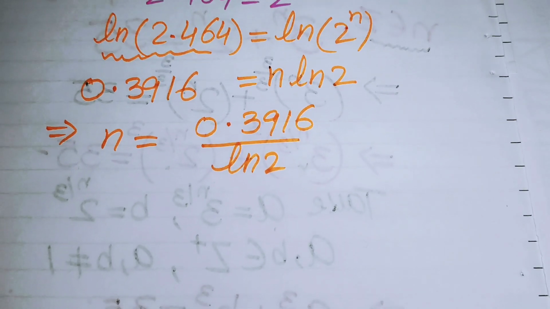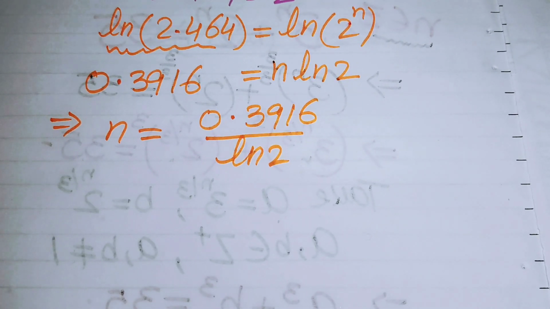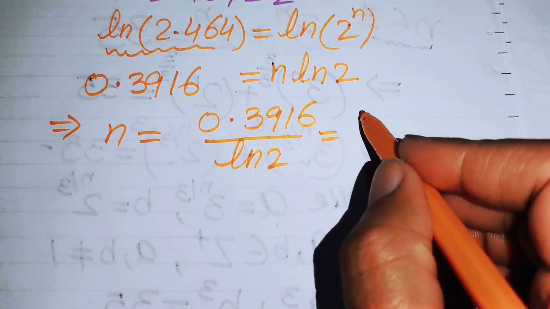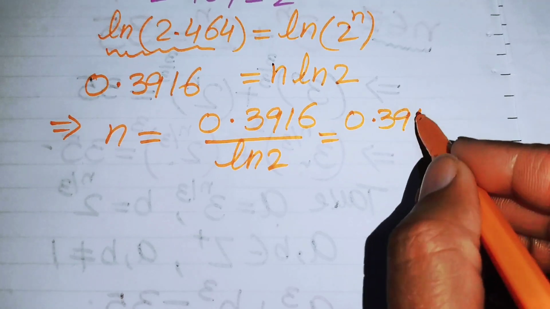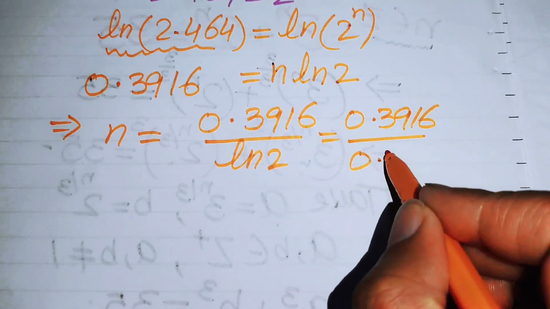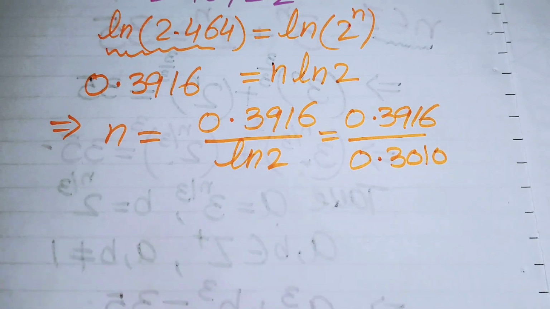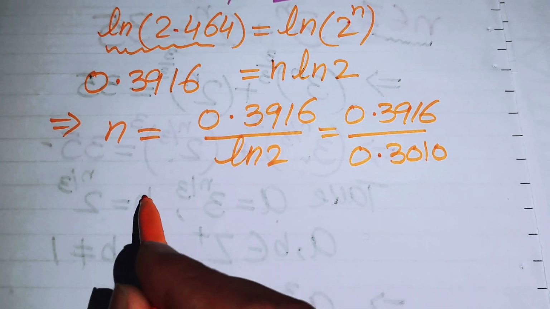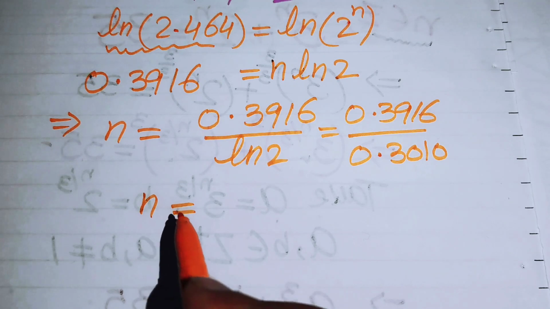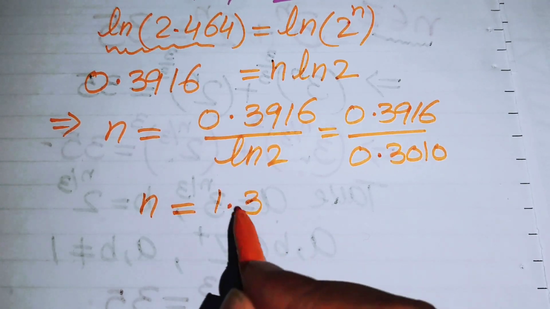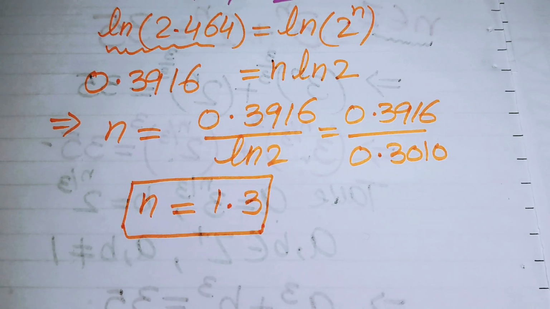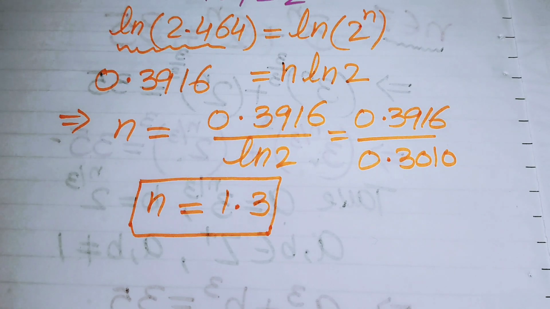So now we can use a calculator in order to find the value of ln2, and you know that the value of ln2 equals 0.6931. So now we divide these two expressions, and we will get the value of n equals 1.3. So this is our final value for this question, and this is our final conclusion.